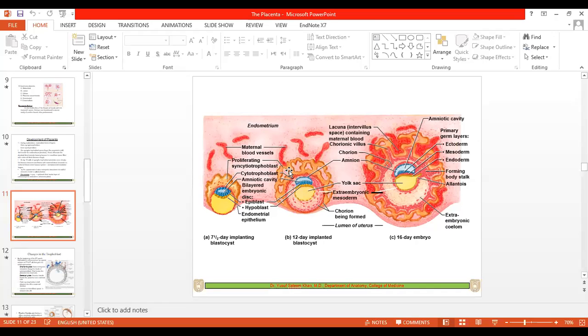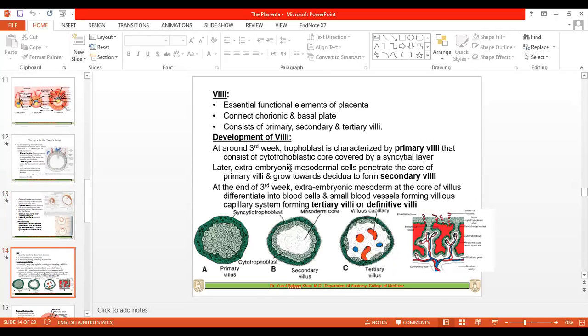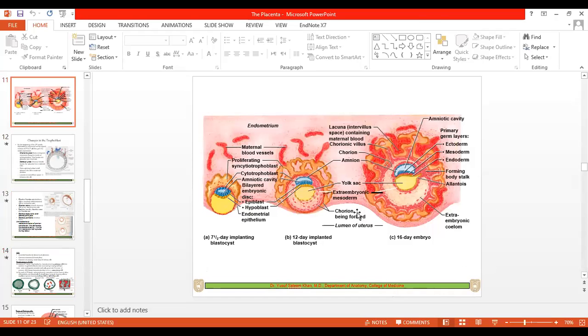If you take a section of this, then we see changes in the initial stages. There will be only two layers: the syncytiotrophoblasts and the cytotrophoblast. If you take a cross section at this level, it will be only the syncytiotrophoblasts and the cytotrophoblast inside. Then later, the mesoderm starts entering inside.